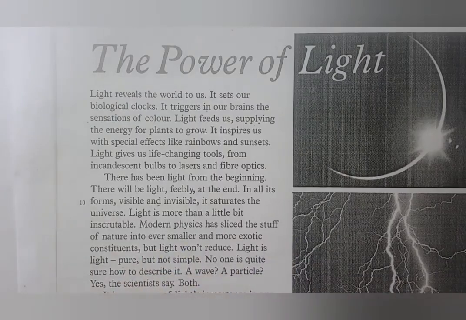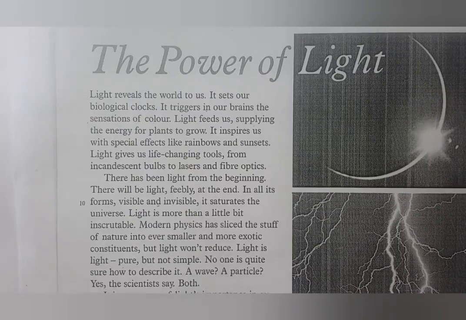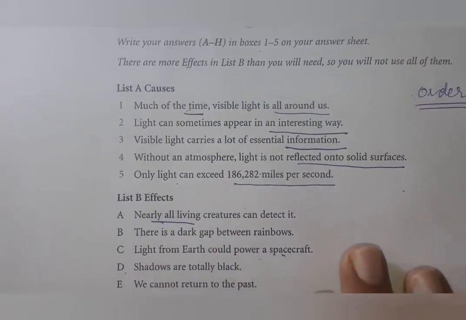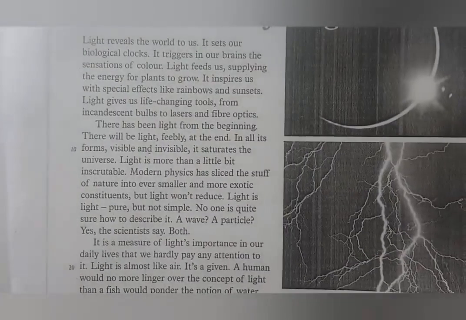There has been light from the beginning. So he is saying a lot of things here, right? So you can check. Let me check the question again. Much of the time visible light is all around us.